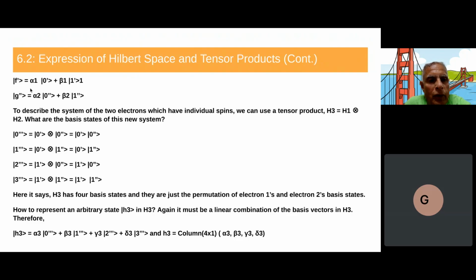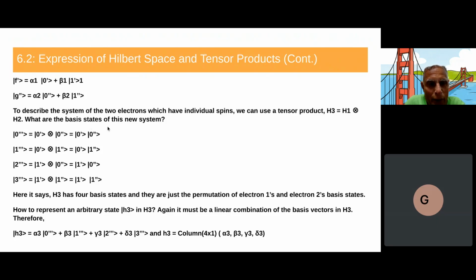So f prime is alpha 1 plus beta 1, right? Because now the ket0, ket1 are with respect to the first. Then if I go to G2, there is G double prime, then they are with respect to ket double 0 and ket double 1. So here it is alpha 2, beta 2.